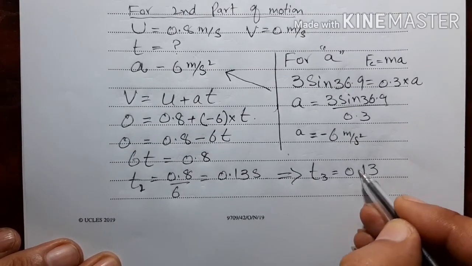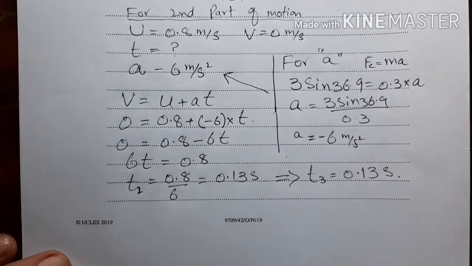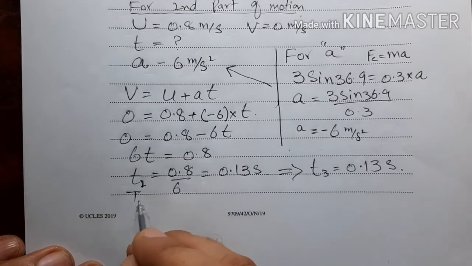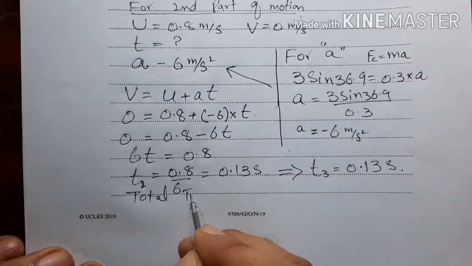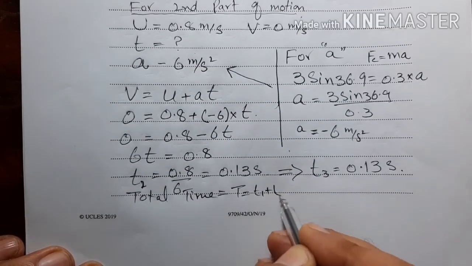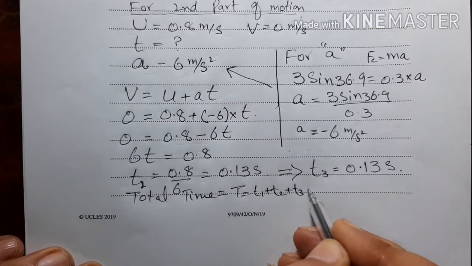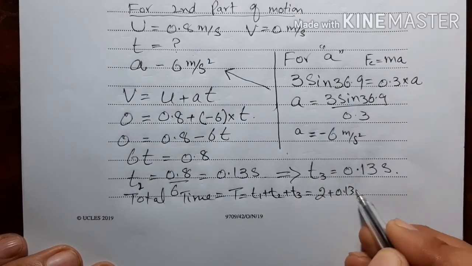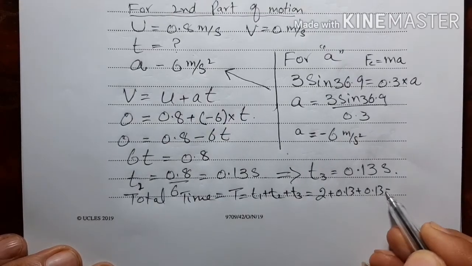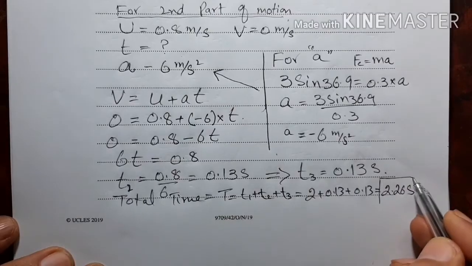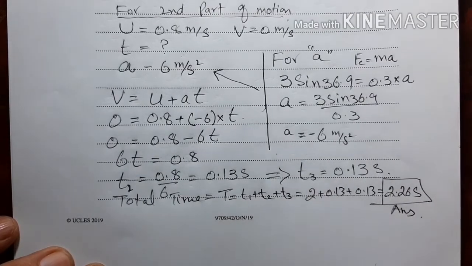So the third time T3 is also 0.13 seconds. So total time will be T is equal to T1 plus T2 plus T3, all 3 times. So this is 2 plus 0.13 plus 0.13, which is equal to 2.26 seconds. This is the total time of the particle.